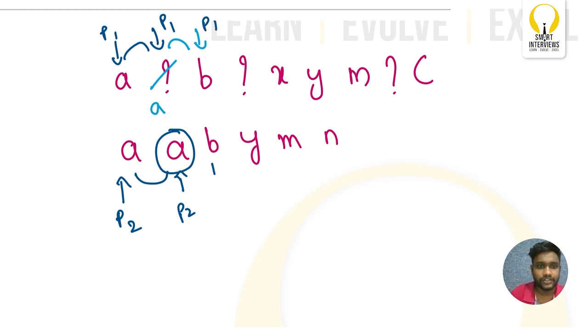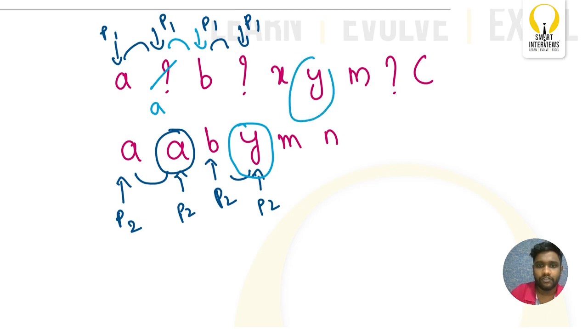So P1 comes here, P2 comes here, B and B match, P1 comes here, P2 comes here. You might be thinking that we have a Y here and could match it in the next iteration, but why do we need that? When we have a question mark, we can assume this question mark itself as Y, match it and move forward. Now P1 goes to X and we are searching for M at P2.